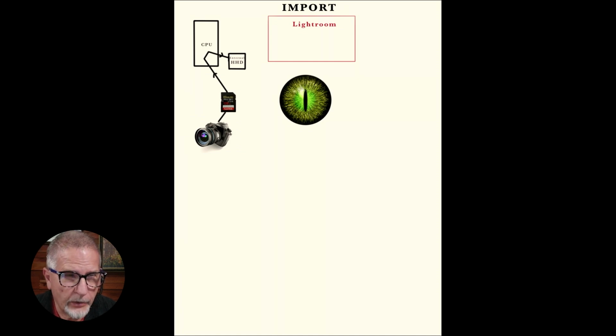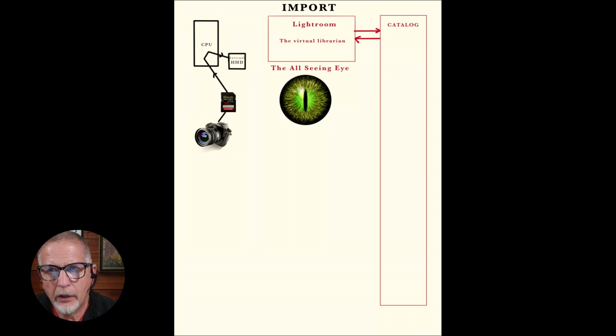It can do it for you. It can actually move those images for you, which again I highly recommend. But in reality, when you're using Lightroom, it's also just keeping track of where files are going, where they're being stored. And we'll talk about that. So it's the all-seeing eye, and it's actually literally the virtual librarian.